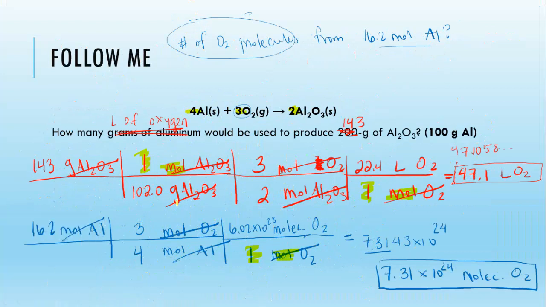When you are putting mole to anything else, like here where I have moles compared to grams, moles to liters, moles to molecules, you always have to put the number 1 with mole.